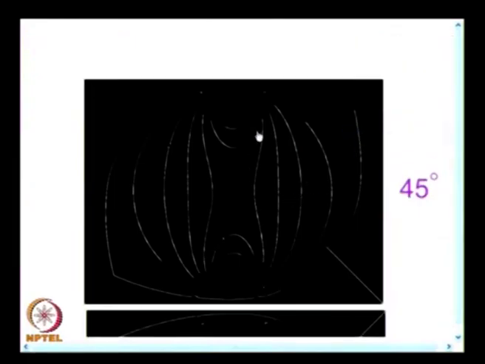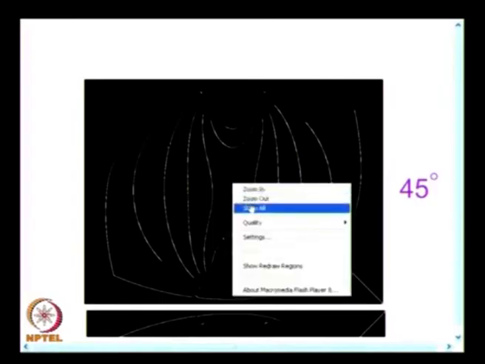What you find is, it is able to identify the skeleton in these portions, but it is not able to identify in some zones. You are actually doing the scan like this, 45° like this, and it is identifying some noise here.